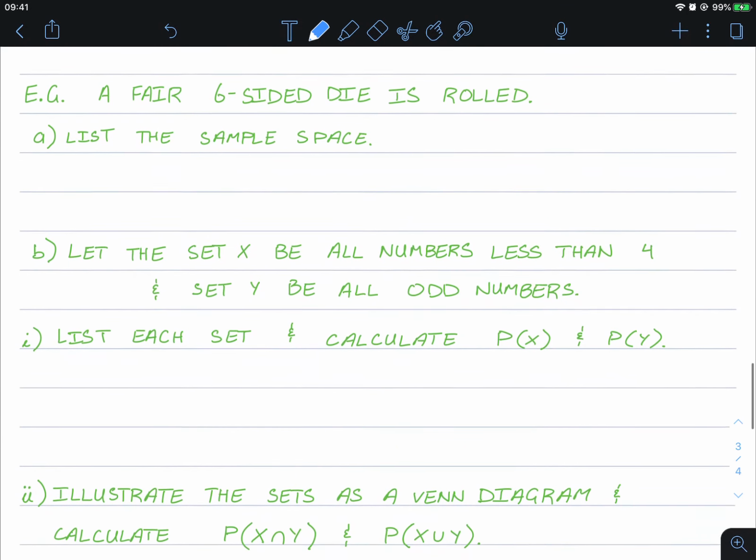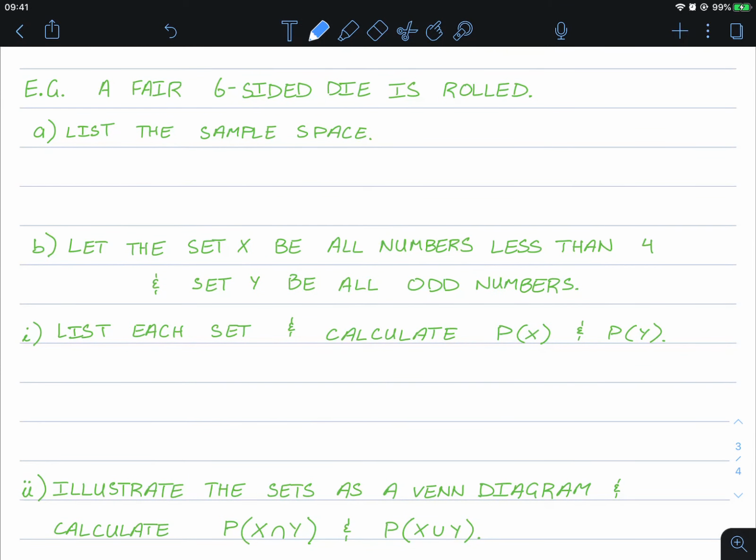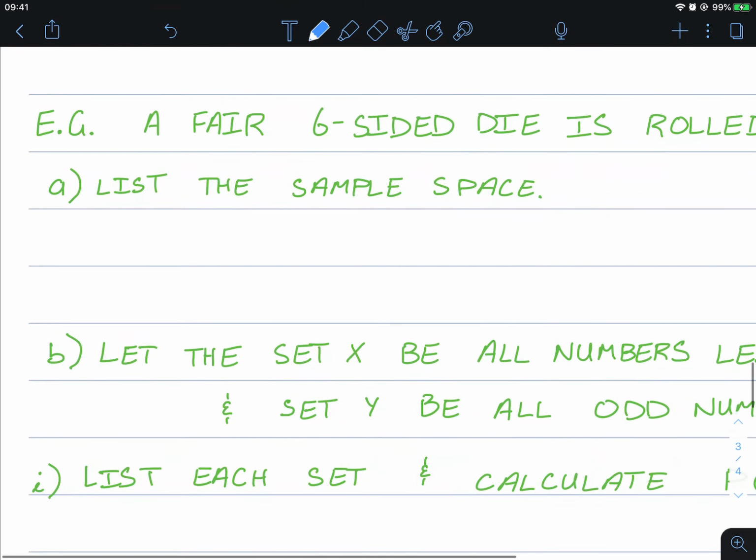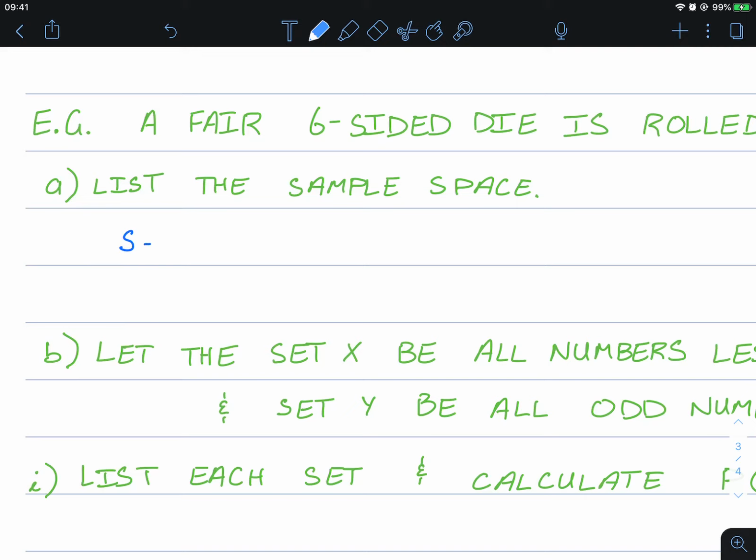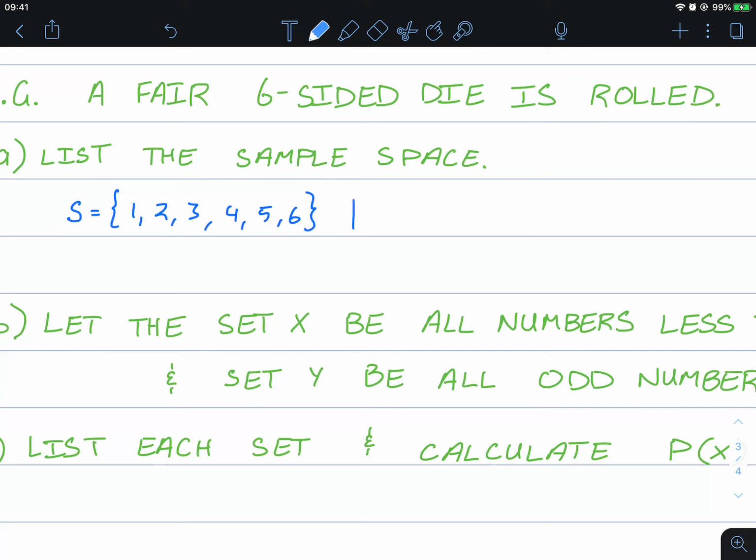A fair 6-sided die is rolled. Let's list the sample space. We've already done this before. S is given as 1, 2, 3, 4, 5, and 6. We can count this as the number in S is given as 6.